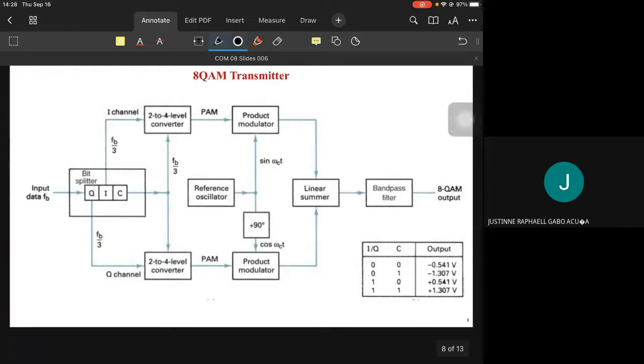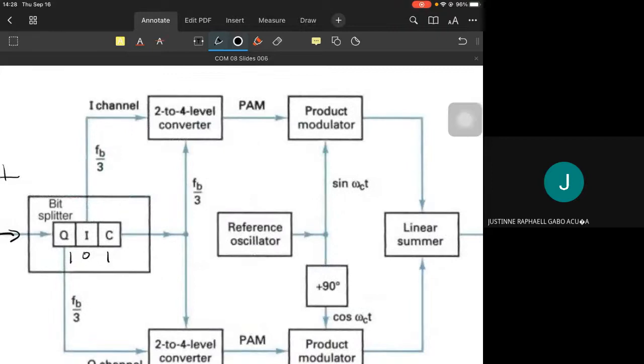So, let's say for example, let's follow this. The input is 101 again. So Q is 1, I is 0, C is 1.